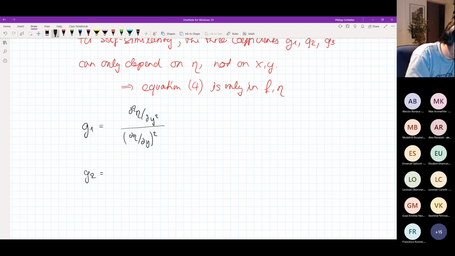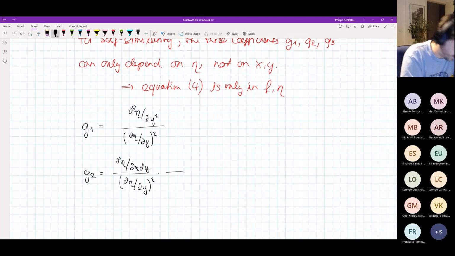Then we have g2, which is composed of two parts. The first one would be d squared eta dx dy, and then we have d eta dy squared again, up to the power of 3, and then this is ue of x times nu.